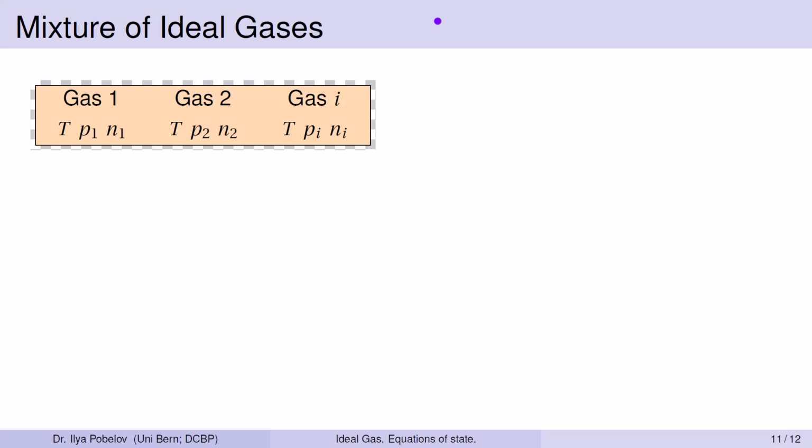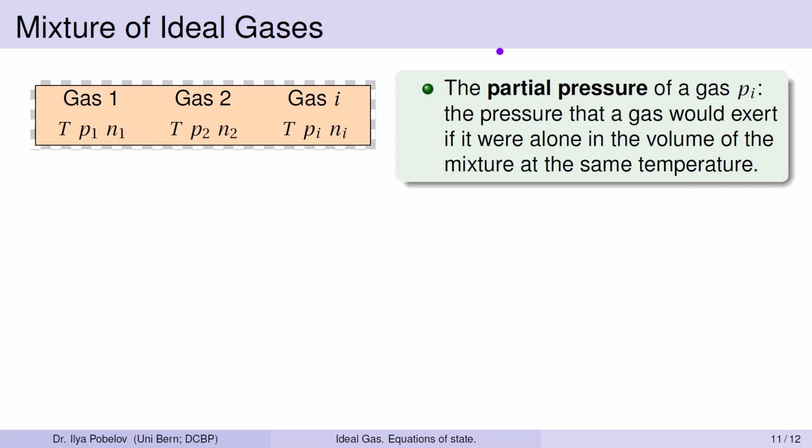To finalize this module, we would like to discuss a couple of things about mixtures of ideal gases. In a mixture of ideal gases, each gas, denoted by i, is characterized by its partial pressure, P_i. The partial pressure of a gas represents the pressure that a specific gas would exert if it were alone in the entire volume of the original mixture at the same temperature.